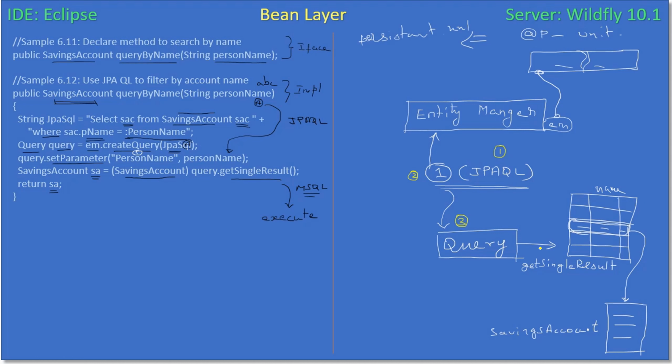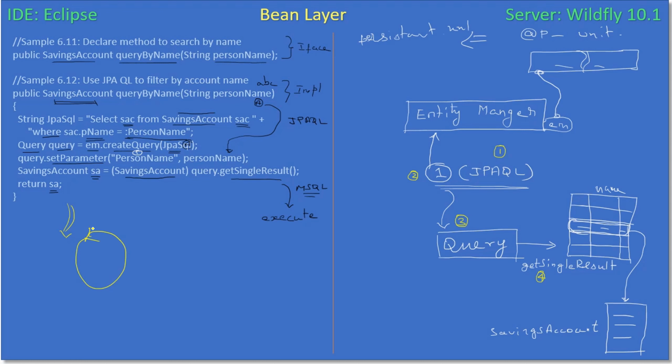Then after setting the parameter we will execute the query using get single result, and this will pick a particular record in the database based on the name. So in the where condition we use p name, right? So it will pick the name and it returns an entity, and that entity we are returning to the caller. The caller here will be the servlet.